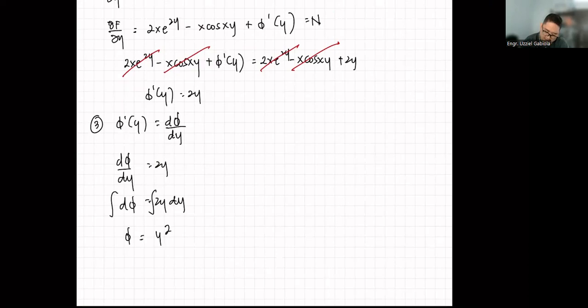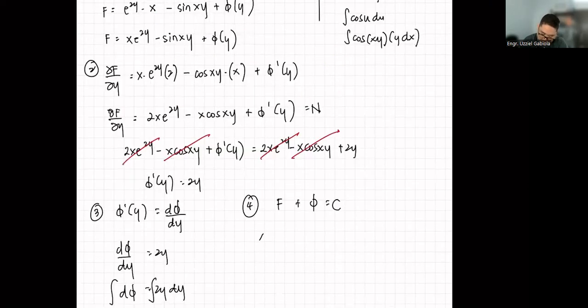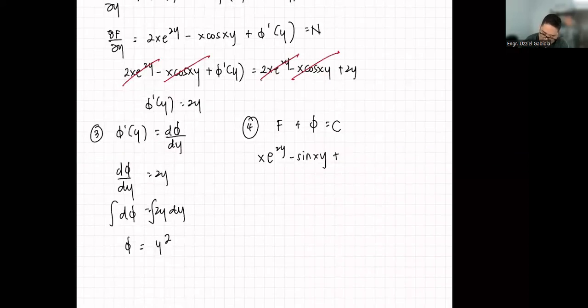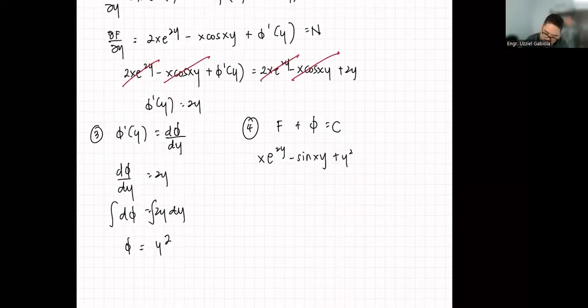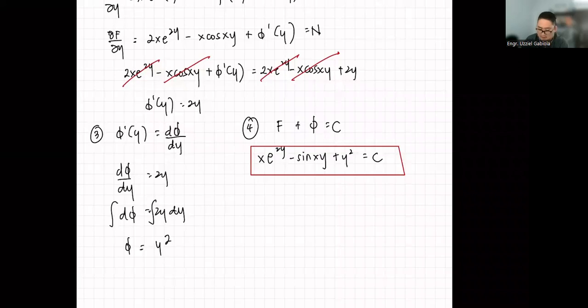And so, last natin sa number 4, that is f plus phi is equals to c. Okay? F natin is x e2y minus sine xy. Then yung phi natin will be y squared is equals to c. So this will be our final equation o yung solution natin dito sa problem na to.